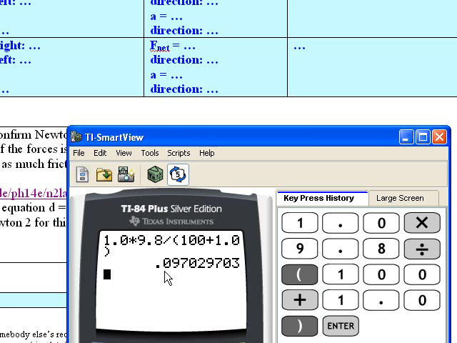By the way, I don't have to convert the grams to kilograms because I have grams right here and I divide by grams here, so those two units divide, and so it doesn't matter if I have grams or kilograms or ounces. And what survives is the unit for the acceleration, meters per second squared. So the first one I'm going to come up with 0.097, and then it should be getting faster.